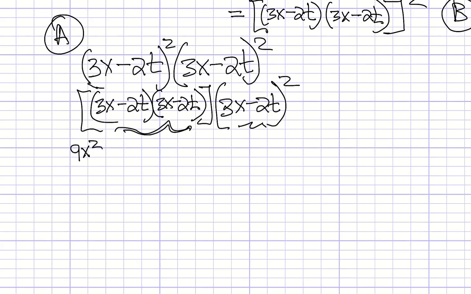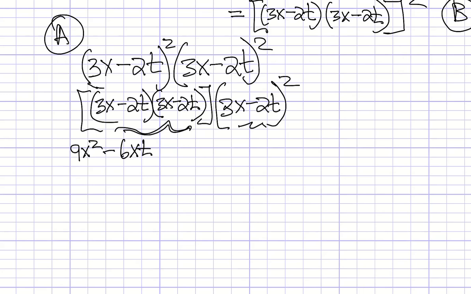Then 3x times negative 2t gives negative 6xt.